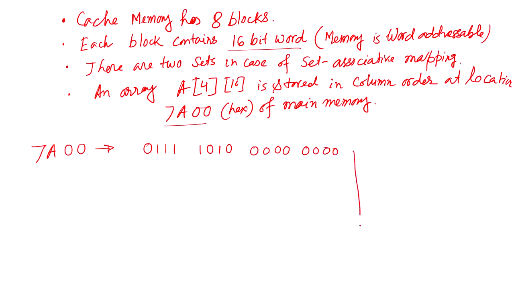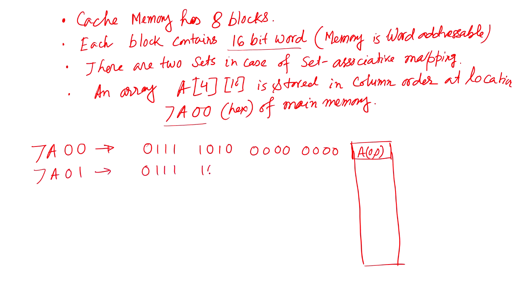Let us say we have an array stored in column major. At this location we have the array, that is A00, and this is the starting location 7A00. Next is 7A01. So, you will have 0111, 1010, 0000, 0001.